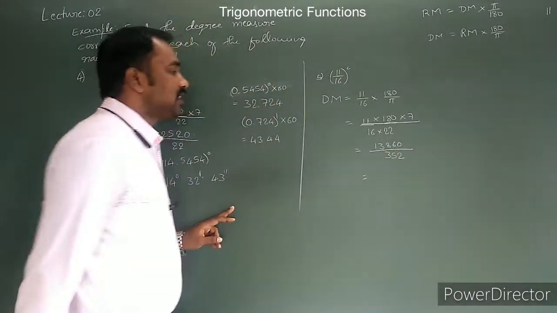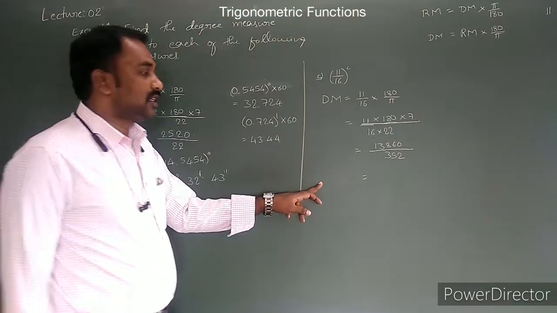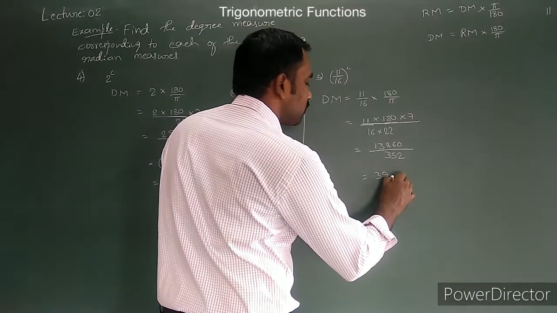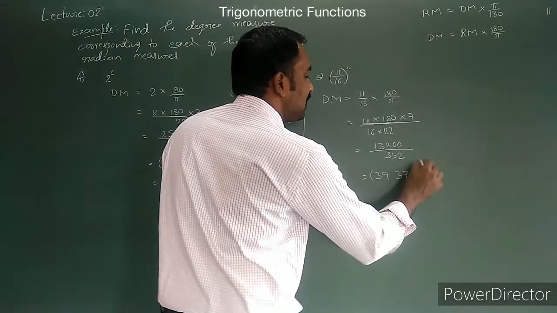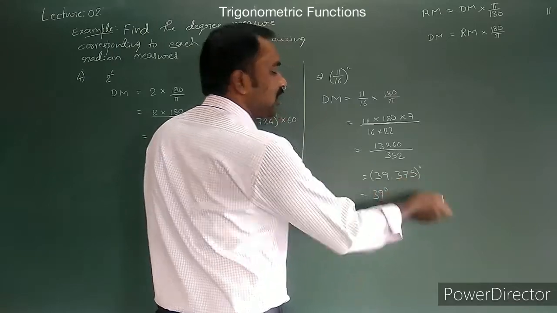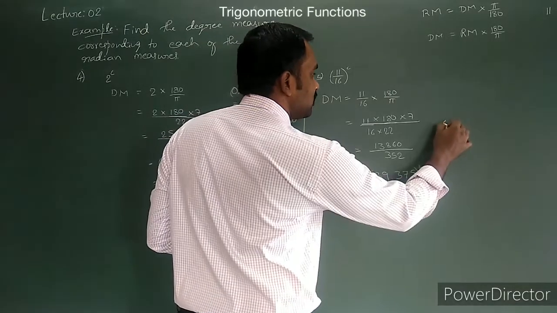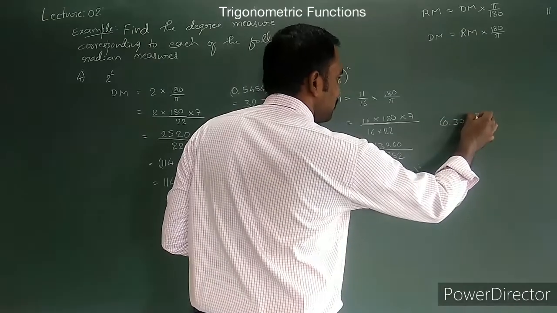Now 13860 divided by 352 is 39.375. It is in terms of degree. Converting the decimal value into minute. 0.375 is in terms of degree.